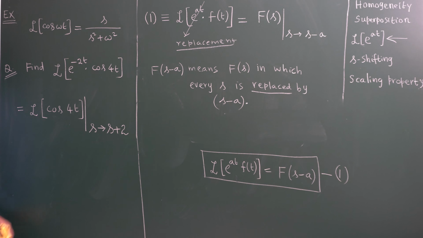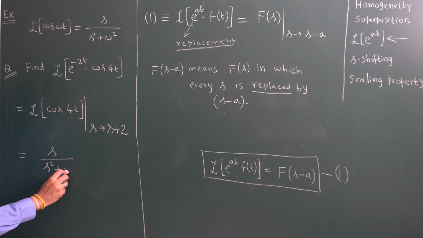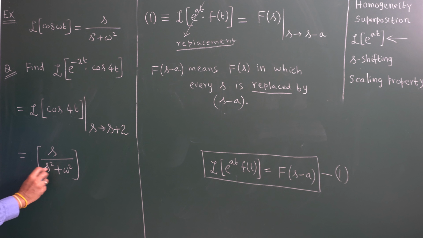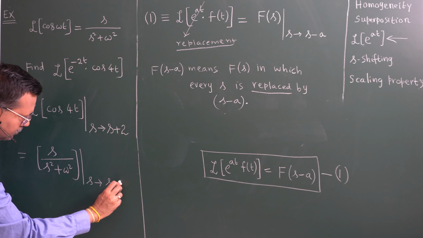So every instance of s has to be replaced by s plus 2. There is a plus 2 coming here because there is a minus 2 there. And we know the answer because you know this result already. So this is equal to s divided by s square plus omega square, in which you replace s by s plus 2.